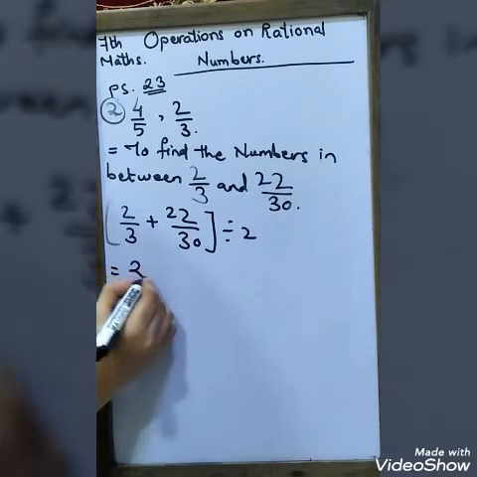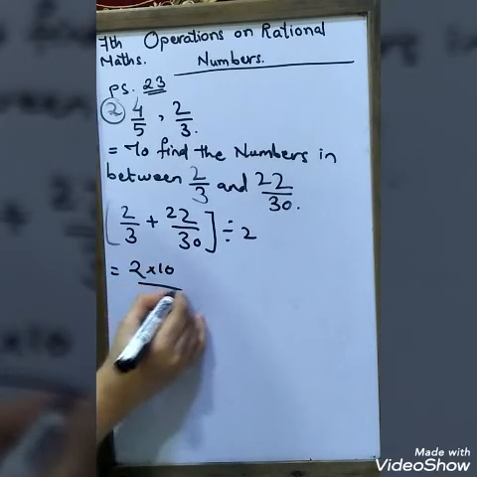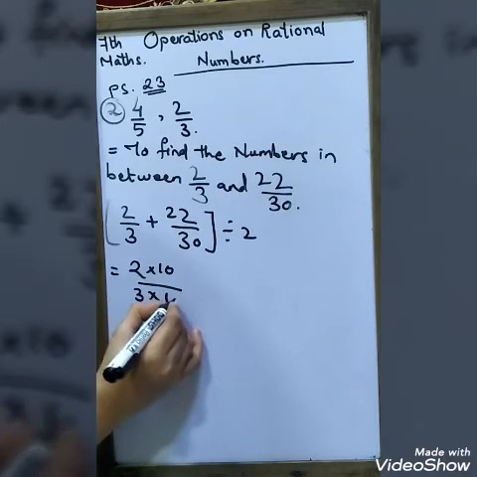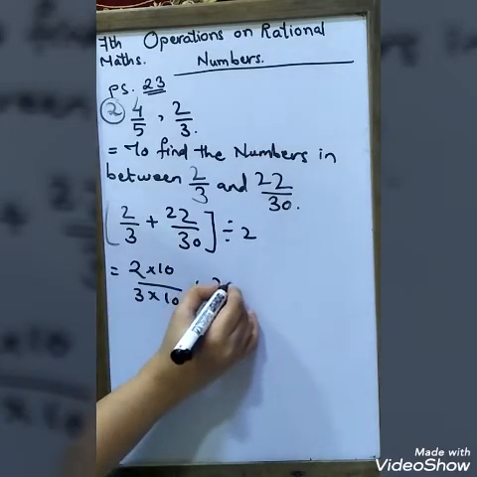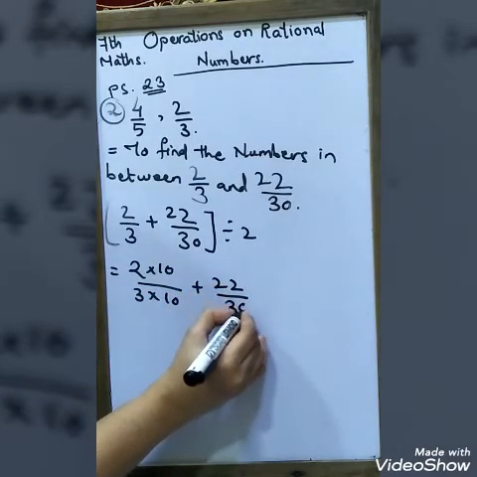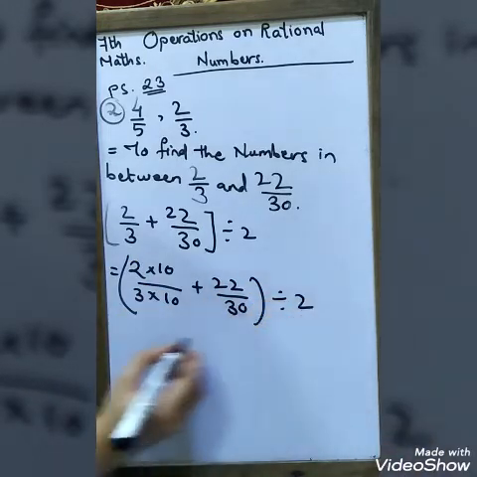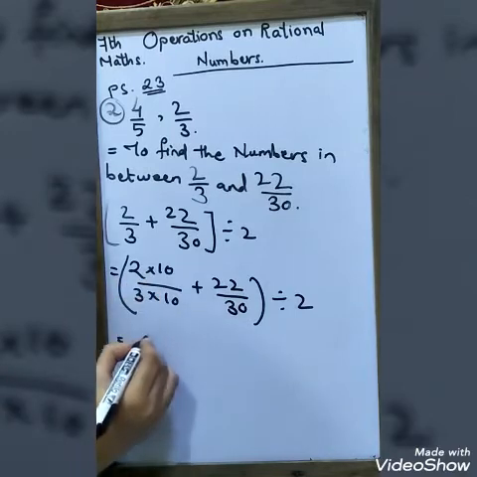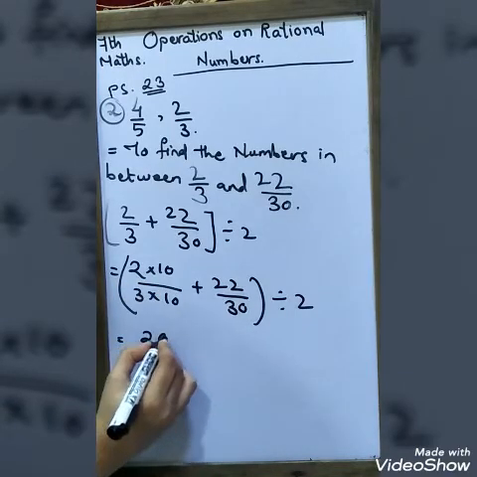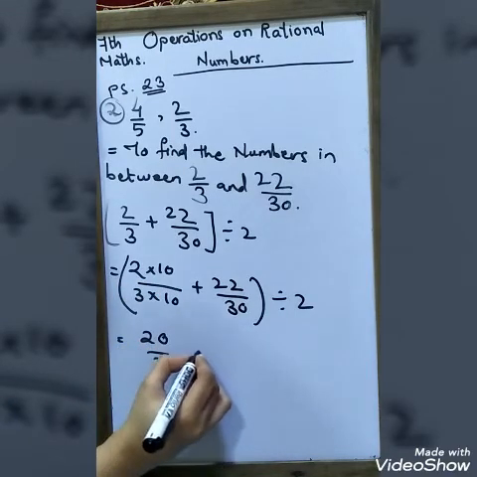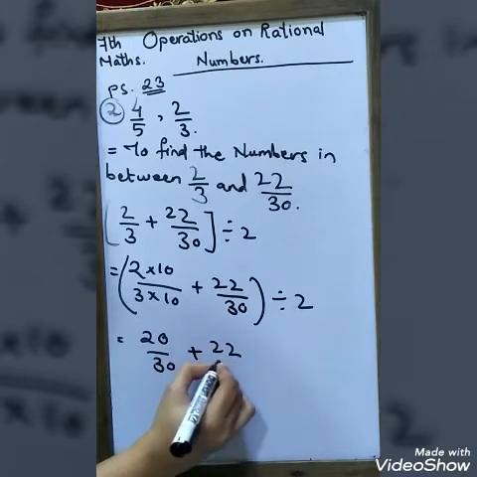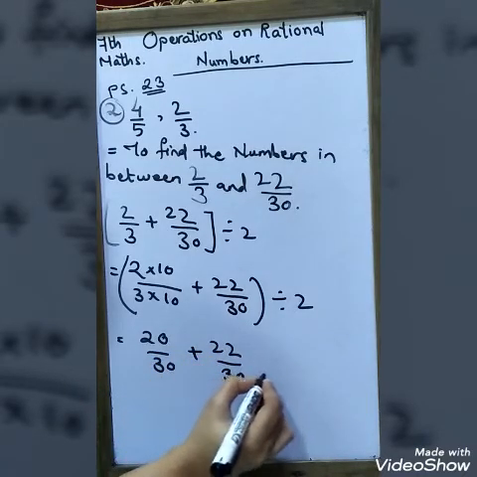So here 2 into 10 upon 3 into 10 plus 22 upon 30 divided by 2.